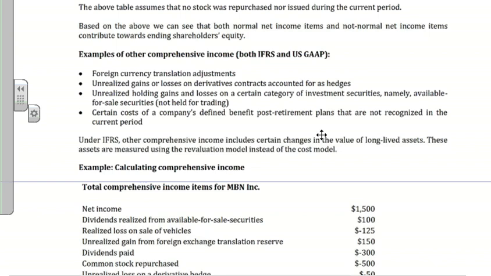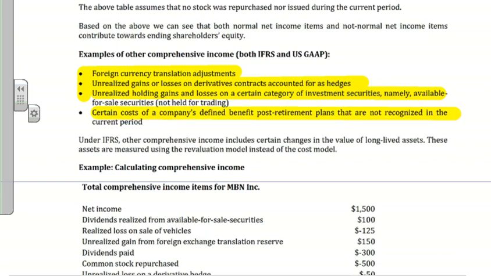Some other examples of other comprehensive income. Look at some of these and you can see they don't relate specifically to normal or operating income. Foreign currency translation adjustments, unrealized gains and losses on derivative contracts, which we account for as a hedge, unrealized holding gains or losses on a certain category of investment securities, costs of a company's defined benefit and retirement plans.